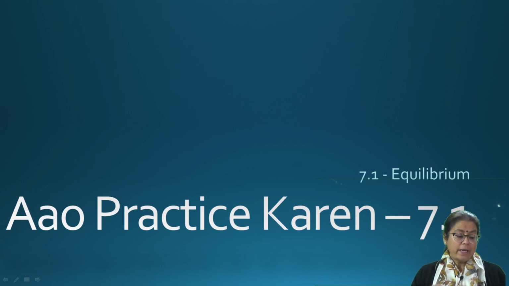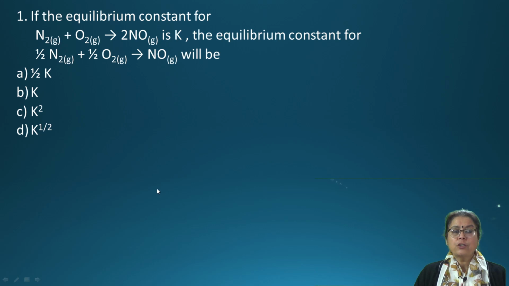ठीक है? So let's go on to our आओ practice करें series में 7.1 we are doing guys. Our question number 1. If the equilibrium constant for N2 plus O2 giving 2NO is K, the equilibrium constant for the reaction half N2 plus half O2 giving NO. So this is a very easy question.